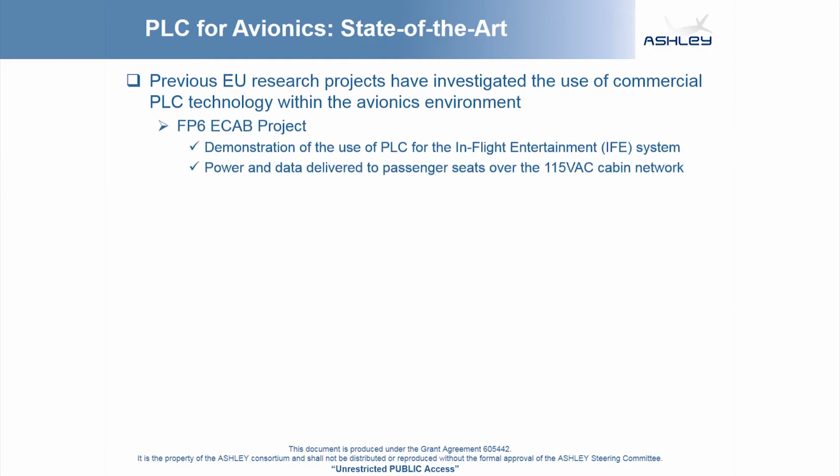The first project was the FP6 ECAB project, which demonstrated the use of PLC for the in-flight entertainment system. This was a basic demonstration of the use of PLC for a high bandwidth application by delivering power and multimedia data to passenger seats over the 115-volt AC cabin network.